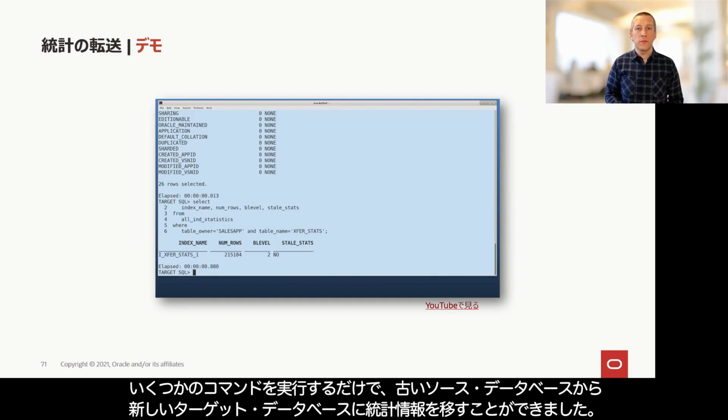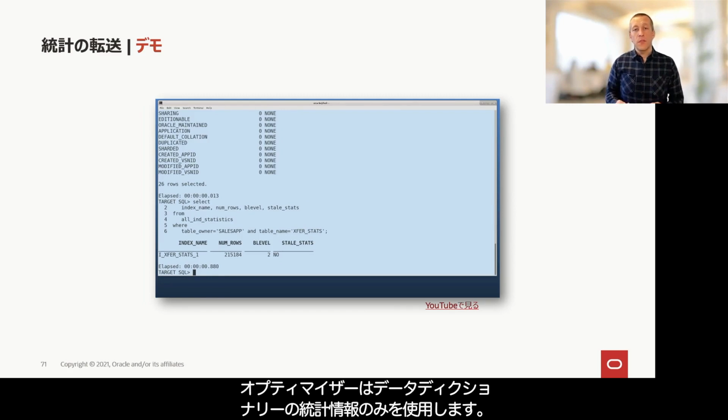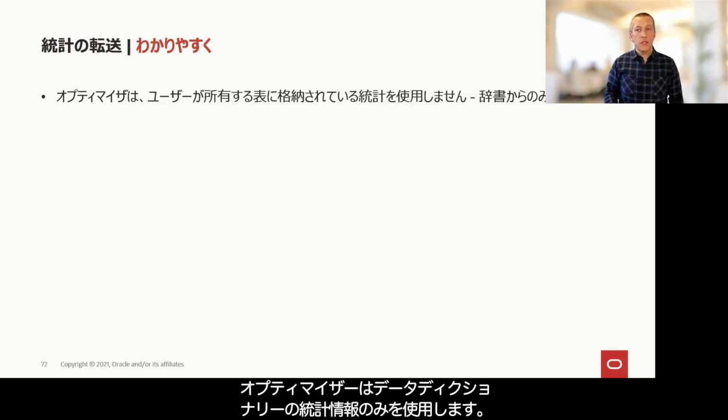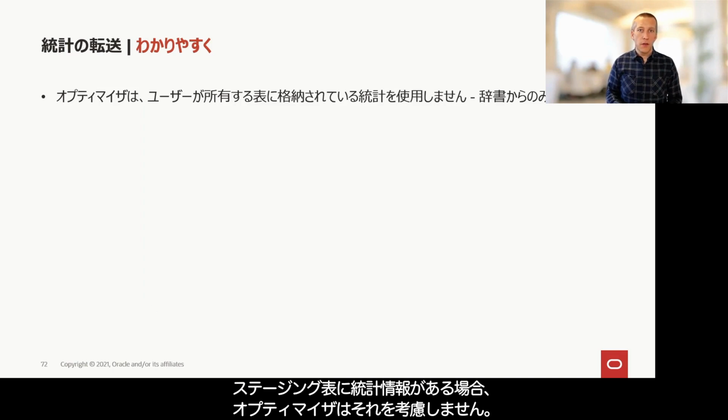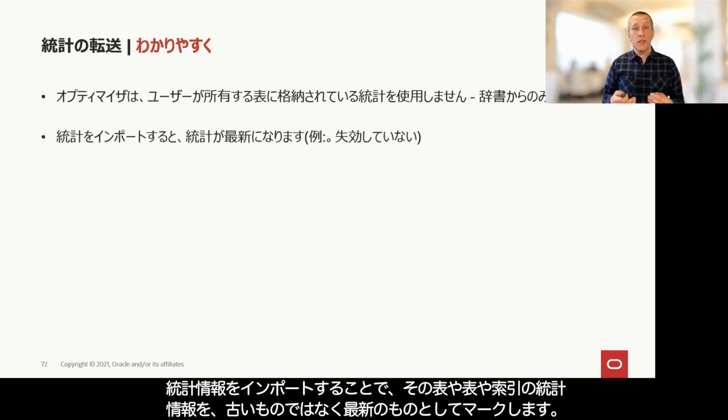So, easy, only a few commands allowed me to move my statistics from an older source database into a newer target database. The optimizer only uses statistics from the data dictionary. If you have statistics in a staging table, they won't be considered by the optimizer. By importing statistics, you mark the statistics on those tables or indexes as current, as in not stale.